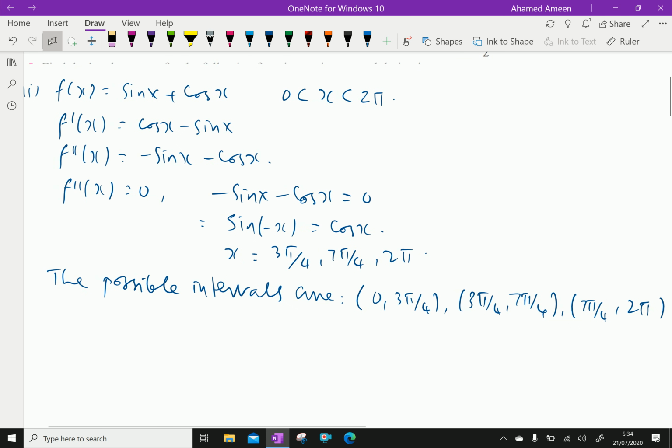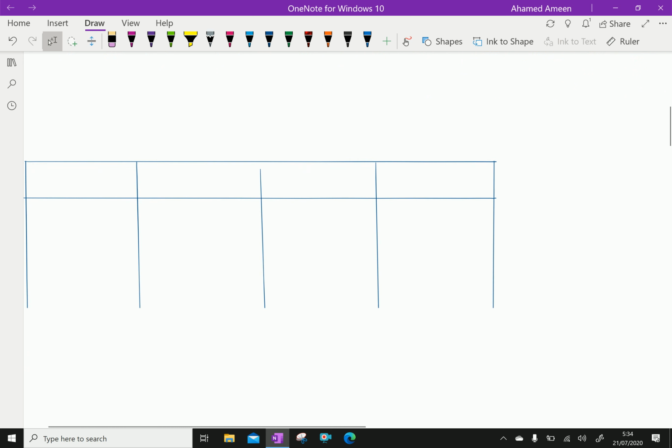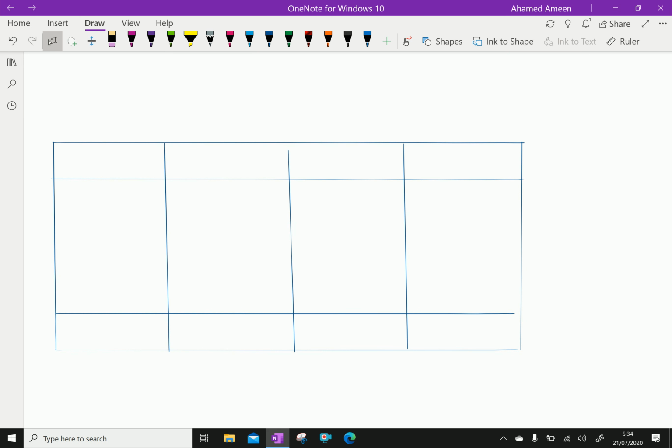These are our intervals. Now let us fill the table. The first interval is 0 to 3 pi by 4, and 3 pi by 4 to 7 pi by 4, and 7 pi by 4 to 2 pi.